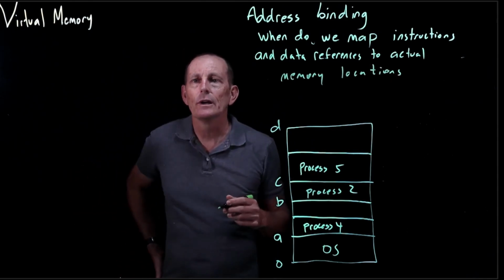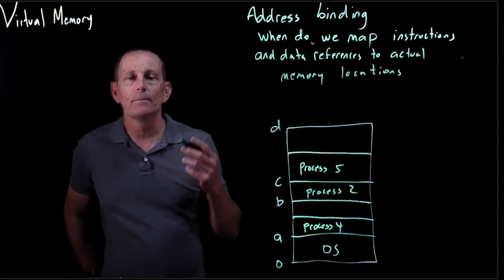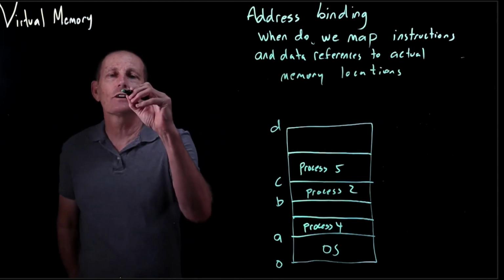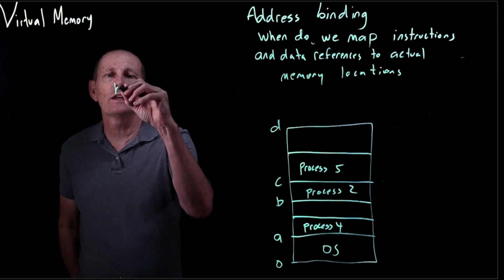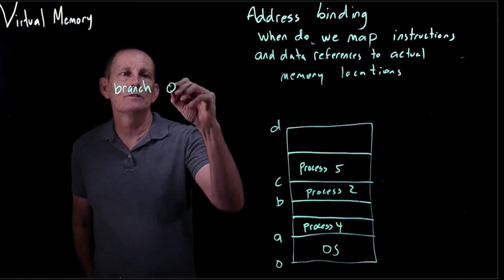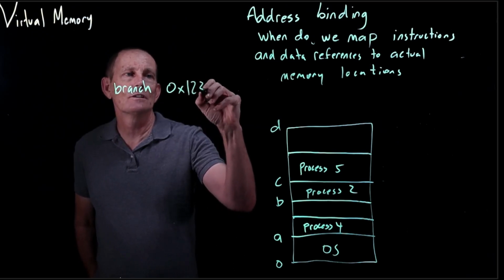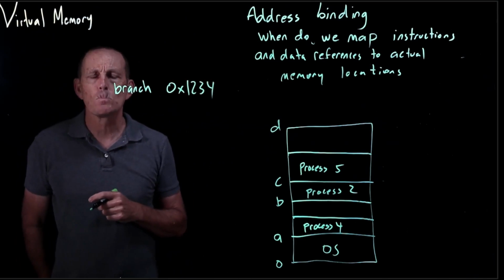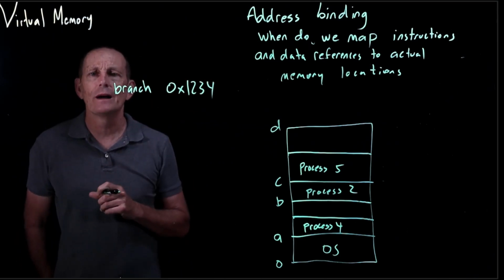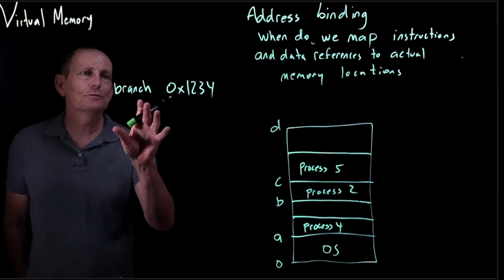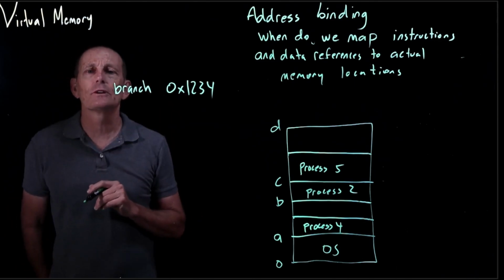As an example, if we are looking at some machine code, an instruction might say to, let's say, branch to some address, 1, 2, 3, 4. So if this is part of my executable code, that sort of assumes my code is going to be loaded at a particular location in memory.